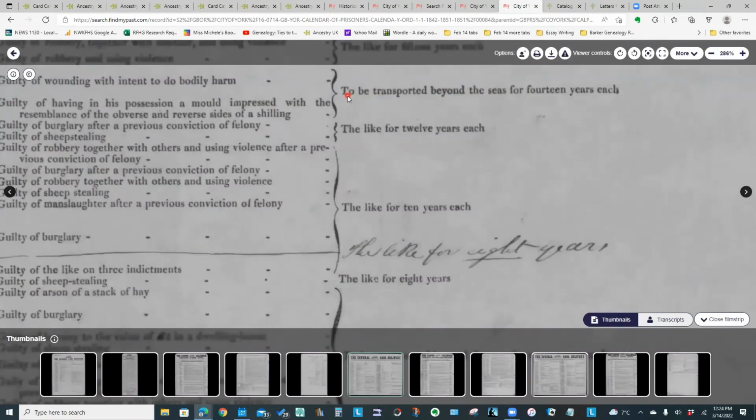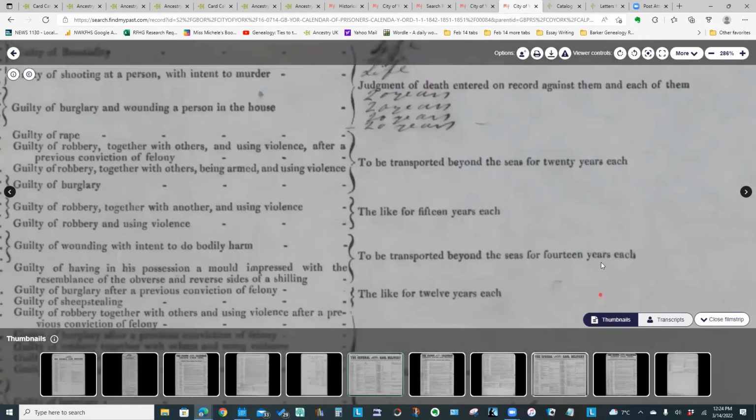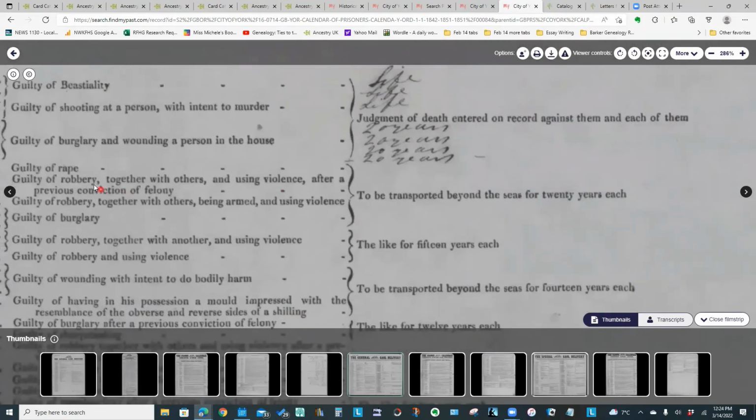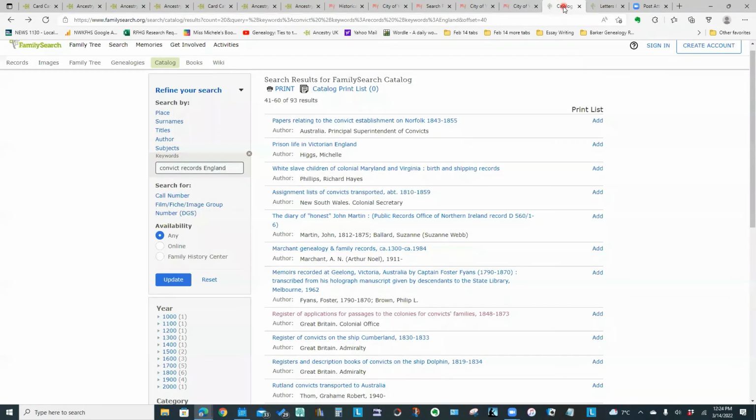So from what I've seen, any sentence more than 2 years, they shipped them elsewhere. They transported them beyond the seas. And if you look at some of these sentences, robbery using violence got a sentence of transportation for 20 years.